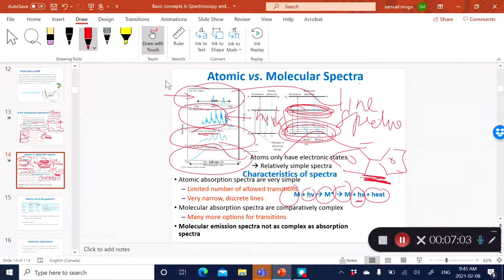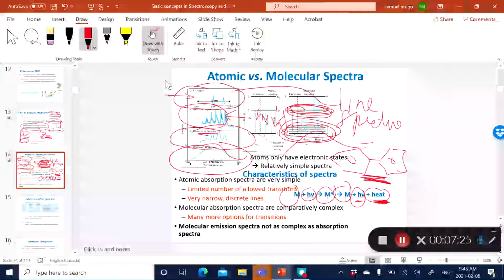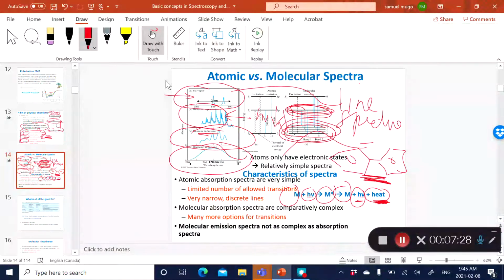However, because you also have rotational and vibrational states, the electron can be relaxing in the vibrational state, and when it's relaxing in the vibrational state, it generates heat instead, okay? And so electronic state relaxation really gives off light. Vibrational relaxation gives off heat.